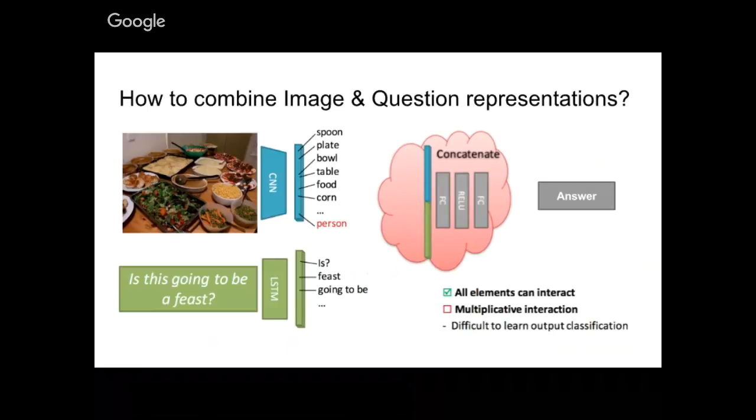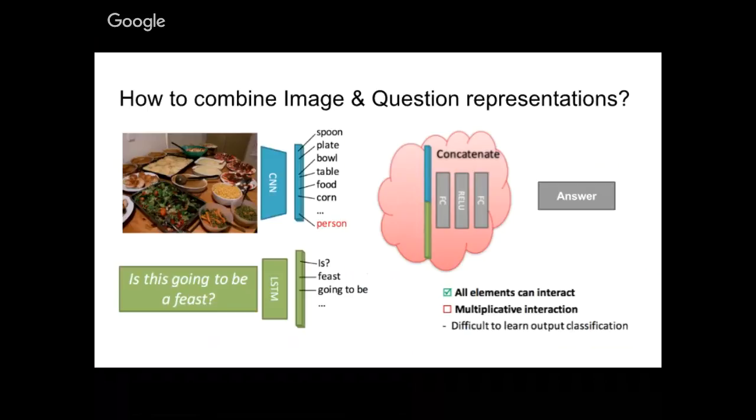One of the things that other works have proposed, in fact, is to just concatenate the outputs of these architectures. If we do that, all elements could interact together, because we would add a fully connected layer after this concatenation.